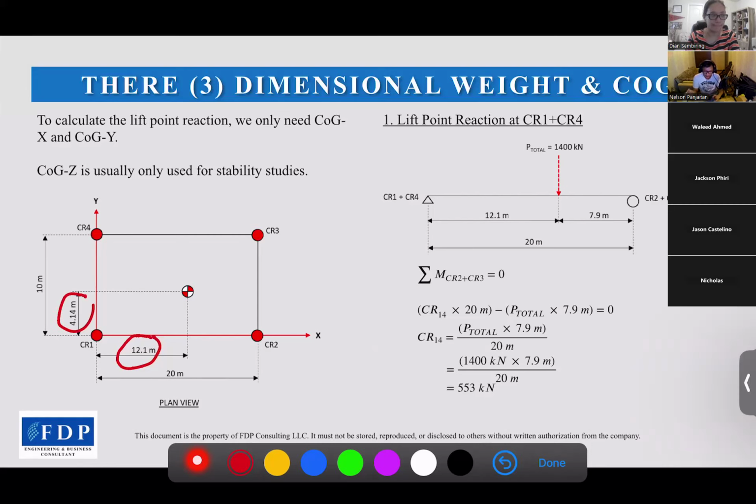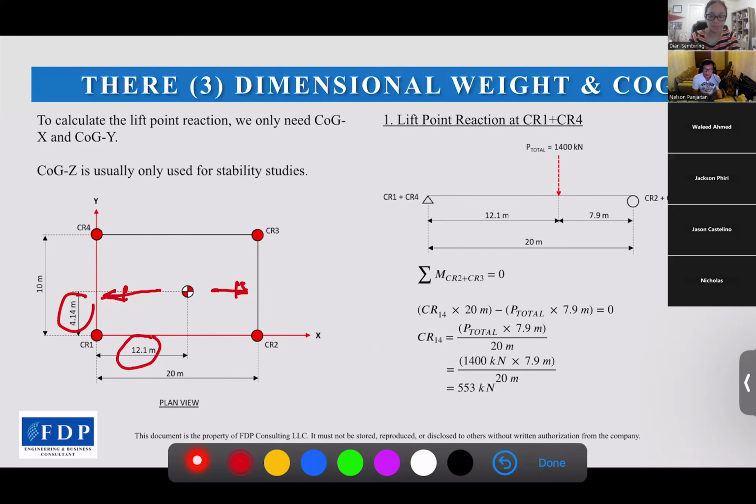So we have discussed this yesterday. We can distribute this load to each side of the structure or the object. For this case, I will distribute this load first to this side. But I put a disclaimer here that this only works for a rigid object, like equipment or machinery.